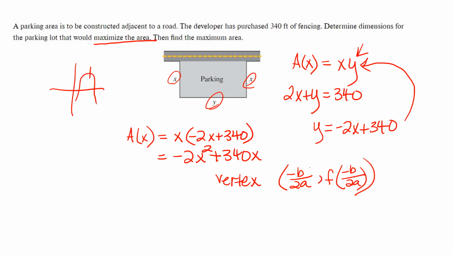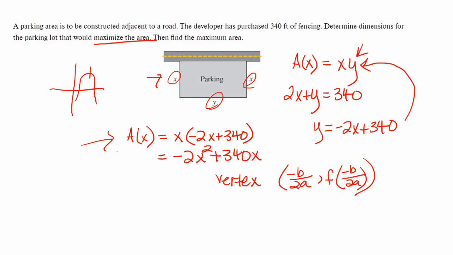Now, the x-coordinate here, the negative b over 2a, is going to tell me what this width needs to be to maximize the parking area, because that is the x-coordinate of the vertex of this parabola, which is when it has the biggest value. So this equation represents the area of the parking lot.